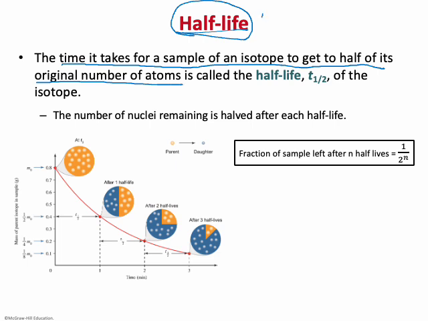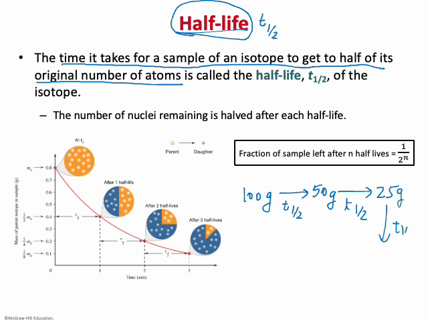Okay, it's also written as T with a subscript of half, meaning half-life. This simply means that, let's say I started with 100 grams of a sample. After one half-life, what I will have is half of the sample. 50 grams will be left. After the second half-life, I will have half of 50, which is 25 grams.